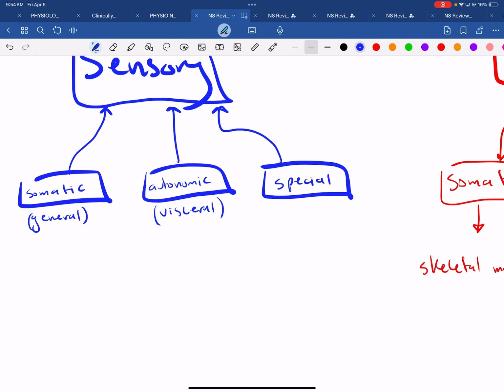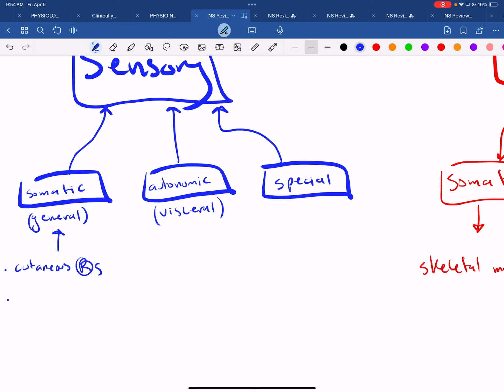So we can say cutaneous receptors. That's one form of the general sensation or somatic sensation, somatosensation. What's the other somatosensation modality?